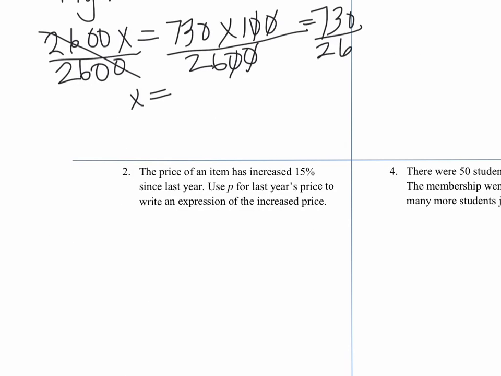To find our percent, we will divide 26 into 730. 26 times 2 would give you 54, which is not enough. Or maybe it is. What is 26 times 3? Oh, 78.